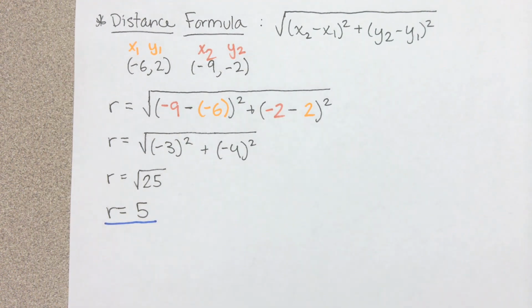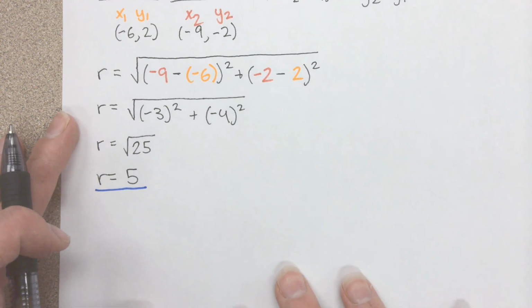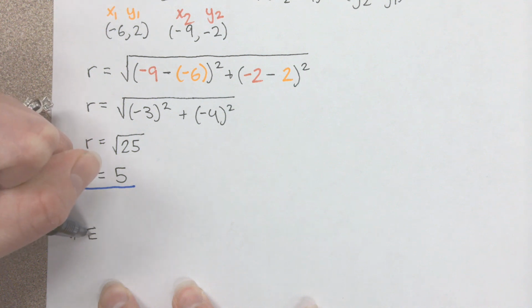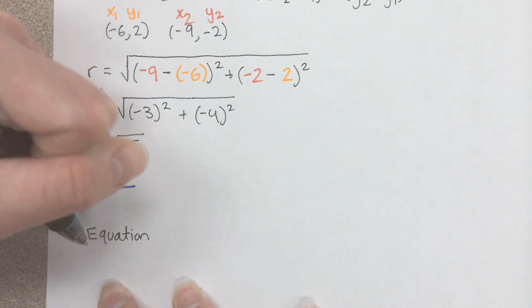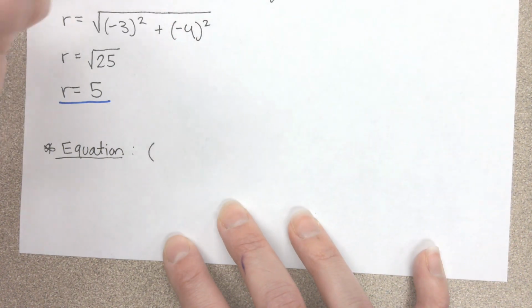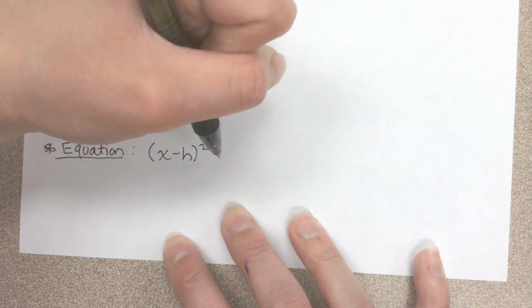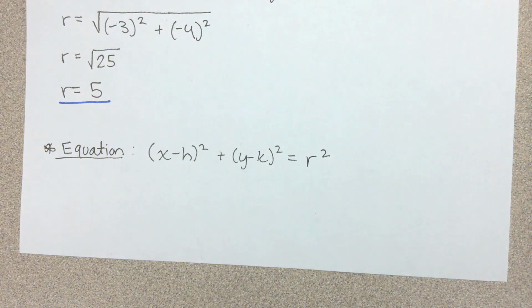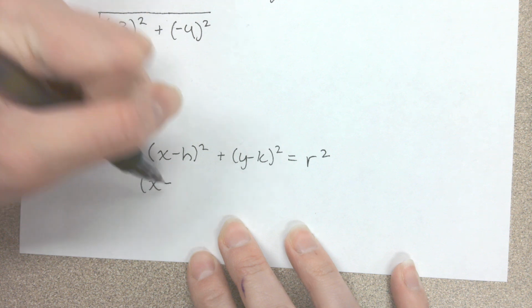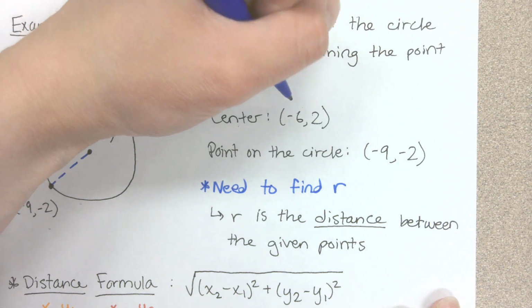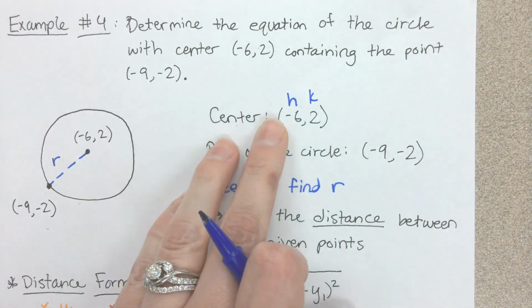Now that we know r, we can build the equation and answer the question. Again, the equation is x minus h squared plus y minus k squared equals r squared. Filling in our values, h and k were -6 and 2.